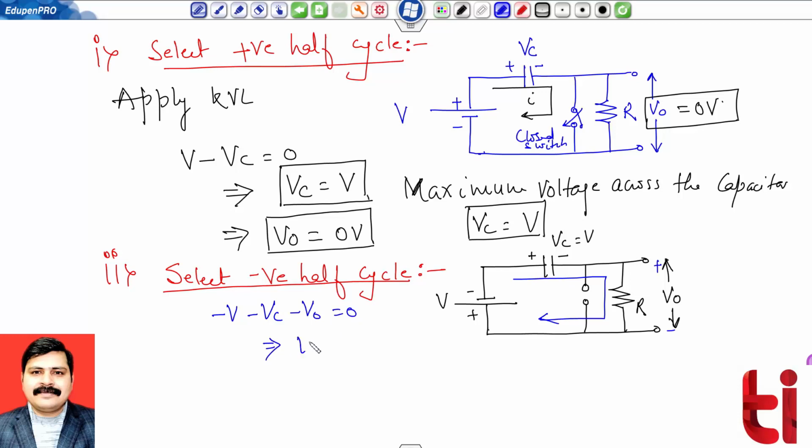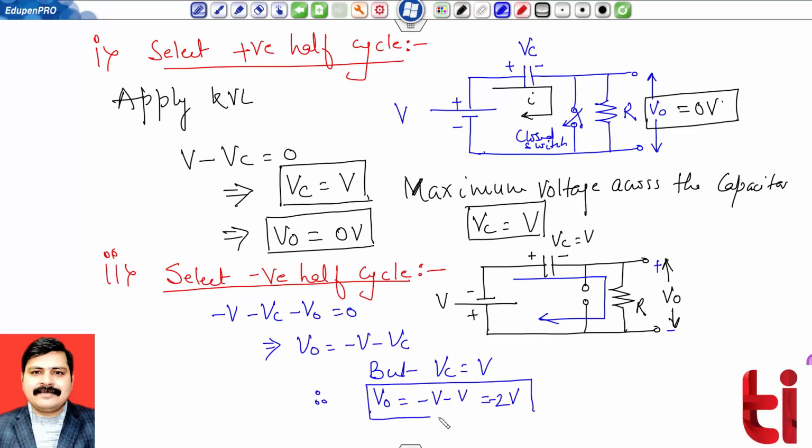So this is making my V naught equals to minus V minus Vc. But in the previous step, we have found that Vc equals to V. Therefore, my output voltage V naught equals to minus V minus V or equals to twice V with negative sign. So my output voltage in this half cycle will be minus twice V. V naught is equal to minus twice V.